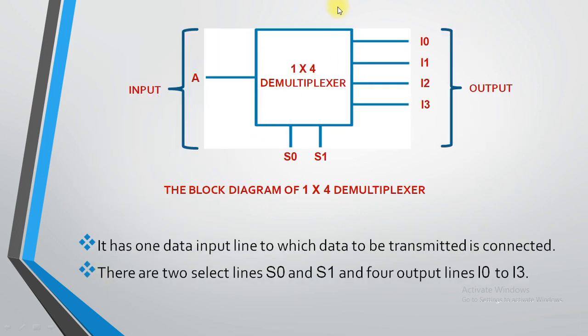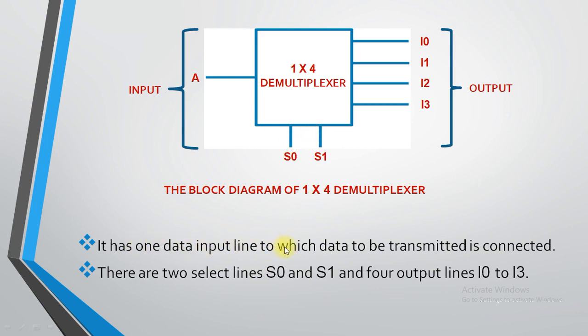Here is the block diagram of a 1 by 4 demultiplexer. You can see that there is one input line which can be represented using variable A, and there are 4 output lines which can be denoted using I0, I1, I2 and I3. Again, because it is a demultiplexer, you must pass S0 and S1, which is nothing but a selector.